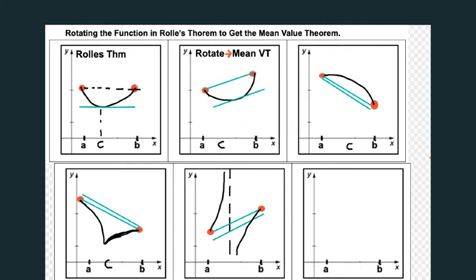And the location, we call it x equals c. So we'll move that over there. So the location where the tangent slope is at x equals c between a and b is where it's equal to the secant slope.